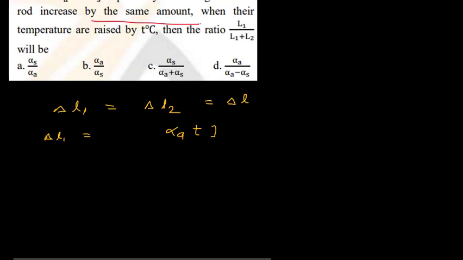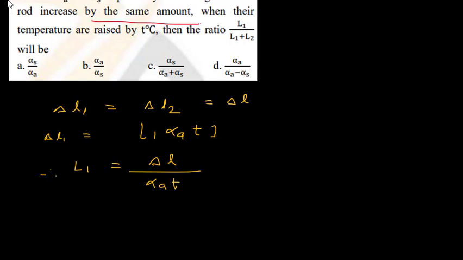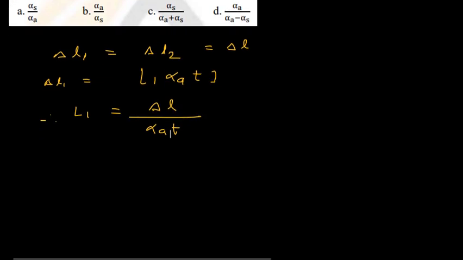Delta L1 should be L1 into alpha A T. Therefore the value of L1 will become delta L upon alpha A into T. This is the value of L1. Delta L is the same, so similarly L2 is equal to delta L upon alpha S into T.